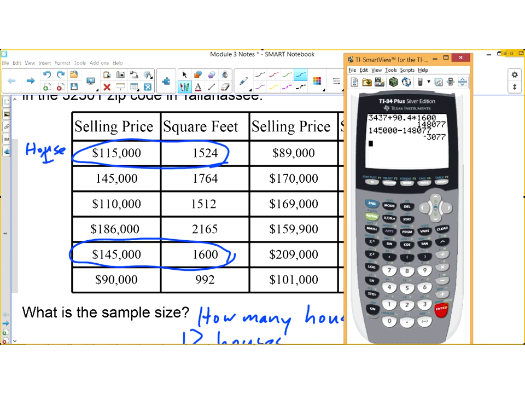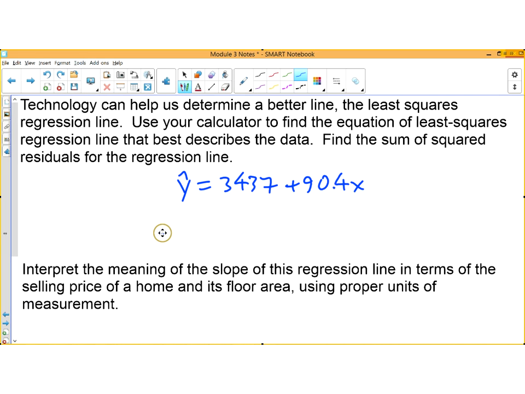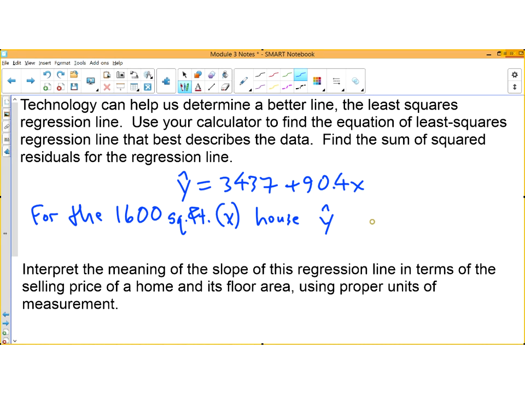And what that basically means is that there was a predicted selling price of $148,077, but the house actually sold for a little over $3,000 less than that. So we'll go ahead and I'll write that down. There we go. So let's just say here, for the 1,600 square foot house, X here, that's what that is, Y hat.